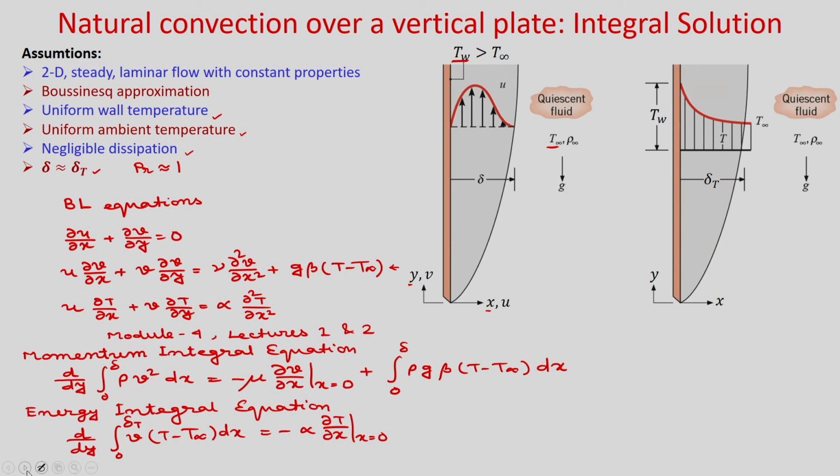Now, we will assume delta is equal to delta T. So, here the integral we will integrate up to delta. We will solve for two unknowns.